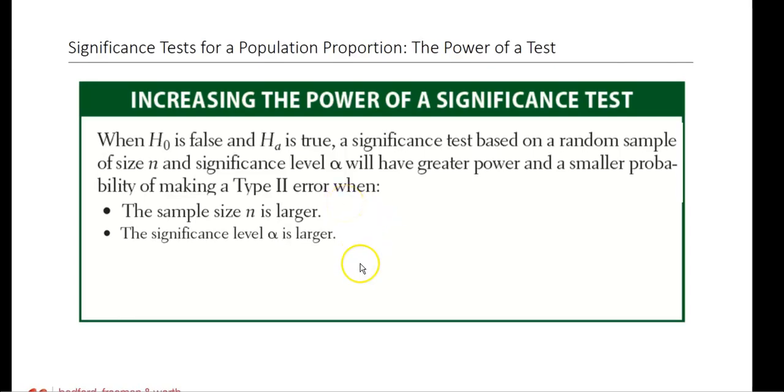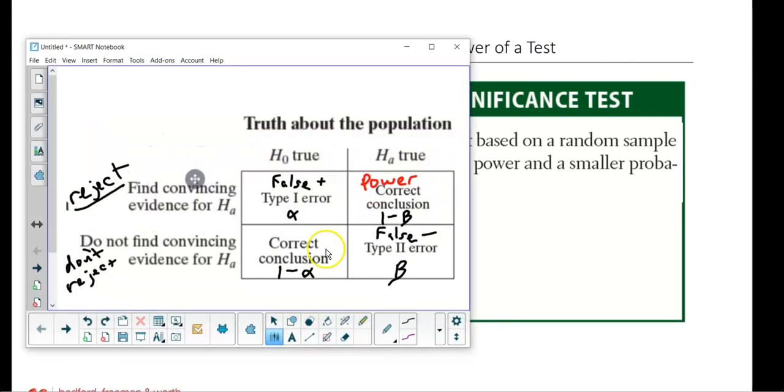Significance level alpha is larger. So let's think about that. They're saying increase the chance of a type 1 error. Type 1 is alpha, right? So if you went from your typical 5% to a 10% alpha level, that means you're going to have more type 1 errors, which, by the way, type 1 and type 2 are not exactly linked in the same way that power and type 2 are related, like 1 minus that, the exact converse of that, but they are related.